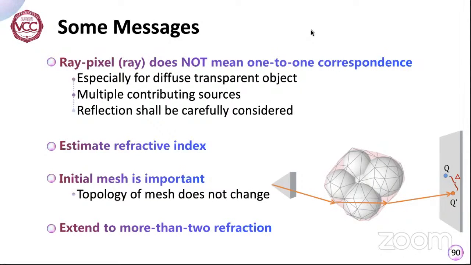But if you have multiple objects, the light transport, this refraction and also the reflection would be much more complicated. So this would be very special, if not impossible, it would need a special design for the capturing.